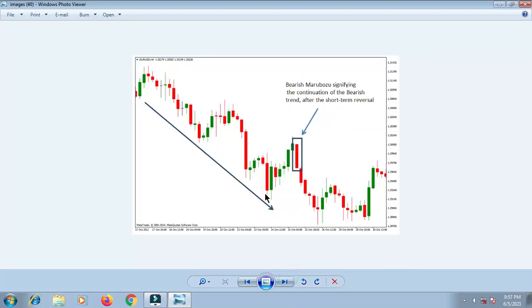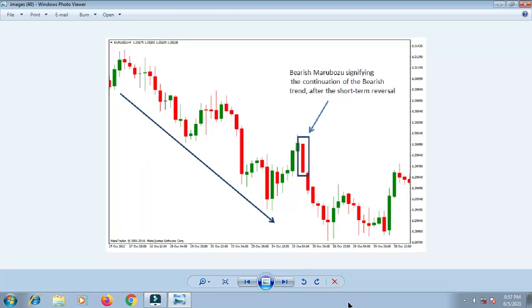And an example of a bearish Marubozu. See here, it is going down and it continued the downtrend. It kept forming lower low, lower high, lower low, lower high, and again a new lower low and new lower high.